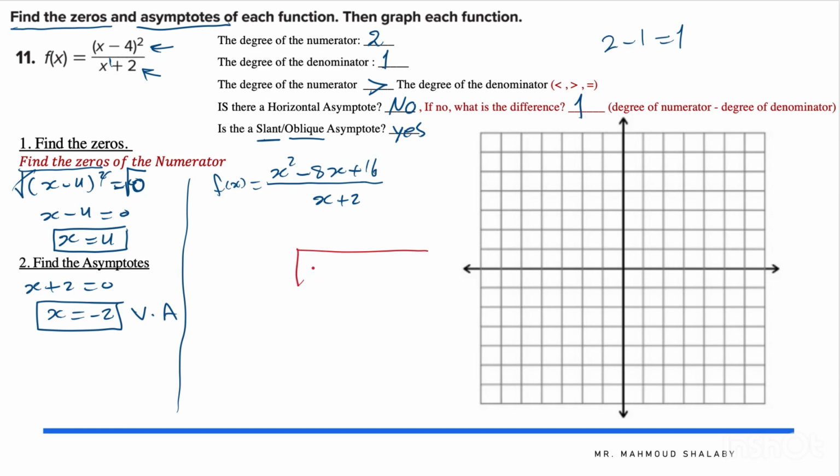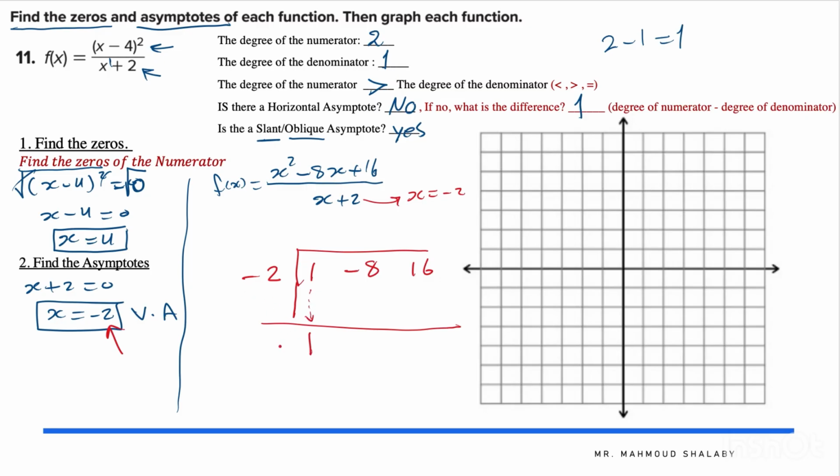So what I will do here: 1, negative 8, and 16. And from this one, we will change the sign. So it will be x equals negative 2, or like we equate it to 0, or to be honest, it is the same equation. So I will divide by negative 2. If you remember how we do this, we put a line here, and then we bring down the 1, then multiply.